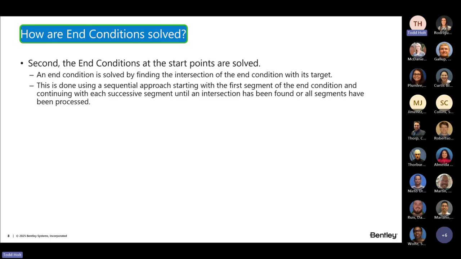All right. So continue on. How those end conditions are solved: we first go to our point. The second the end conditions at that start point are solved, it finds a solution. So it's going to move on to the next target. The end condition is solved by finding the intersection of the end condition with its target. So we're going to cross in that.